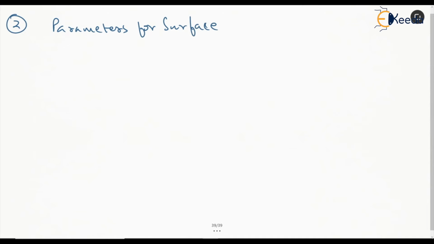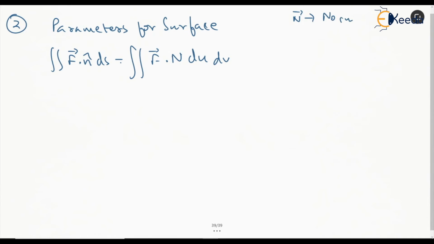In this case, this surface integral F dot n cap dS is given as F dot n du dv. This n is the normal vector. We are not using the unit normal vector.